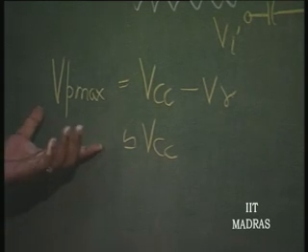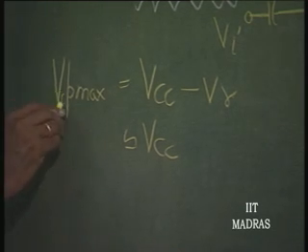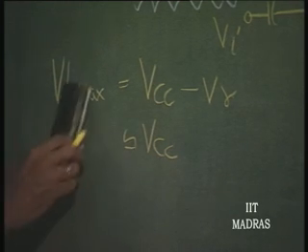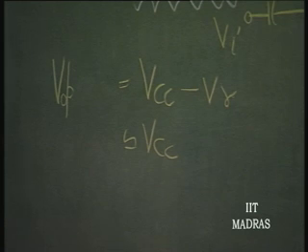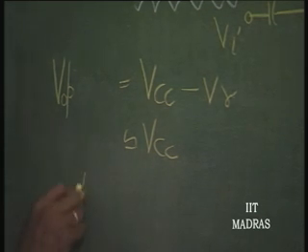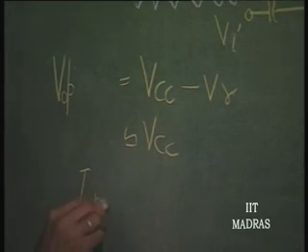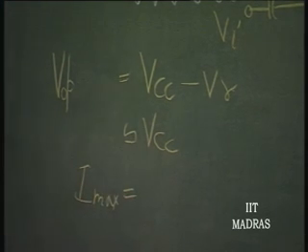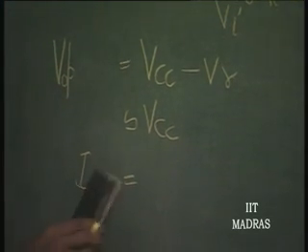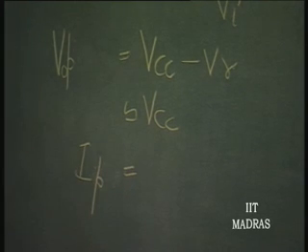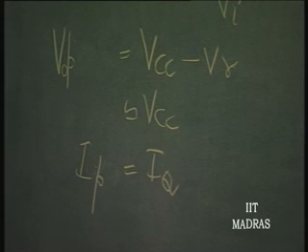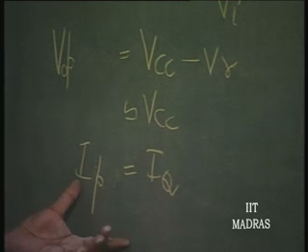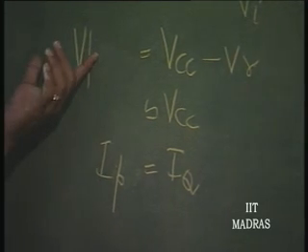So, we can have the V naught peak equal to VCC minus V gamma, which is very nearly equal to VCC, and I maximum, actually I peak we will put it, corresponds to I q itself. Therefore, on one side the current swing is the one that limits, on the other side the voltage swing is the one that limits.